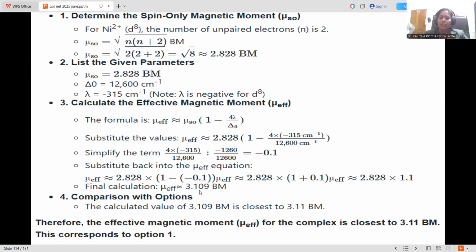The final calculation is 3.109, slightly above the spin only value. Mu effective is 3.109 Bohr magnetons. So the calculated value is 3.109 and the observed value is 3.11 Bohr magnetons. It is very close to 3.11 Bohr magnetons.